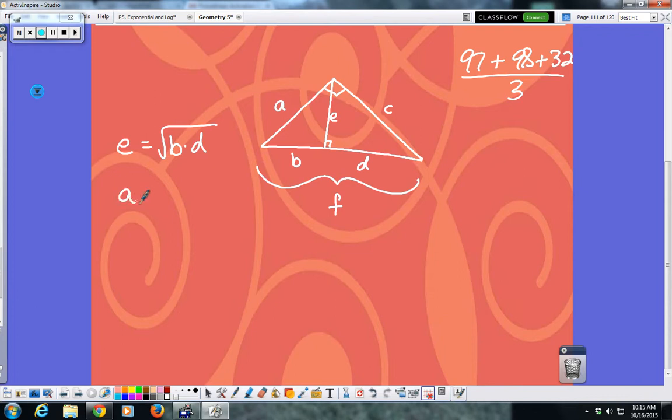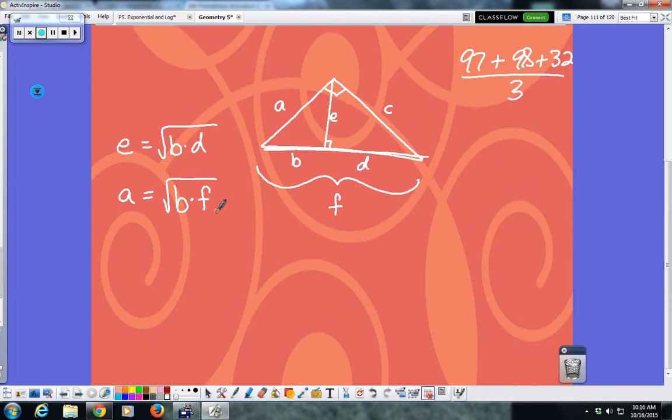Your other case, if you're asked to find the side here, it is going to be the geometric mean between the bottom piece that's associated with it, which is here, and the whole piece.